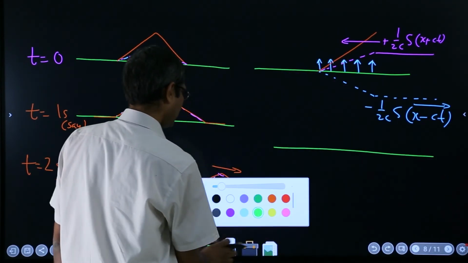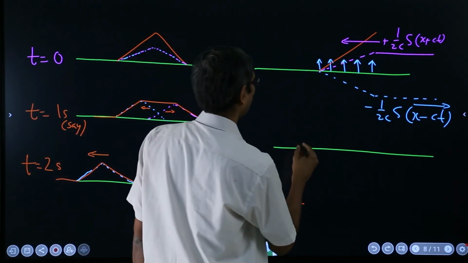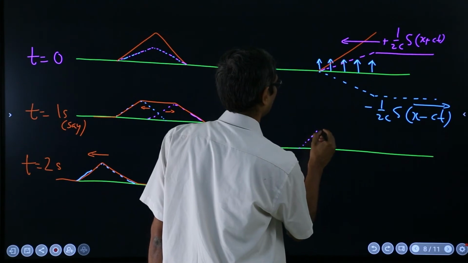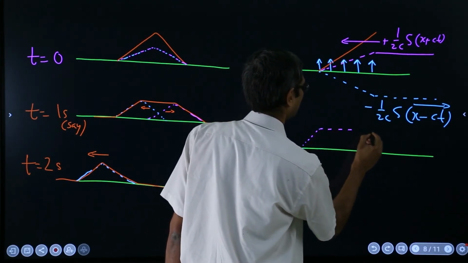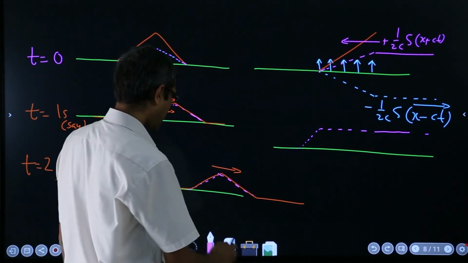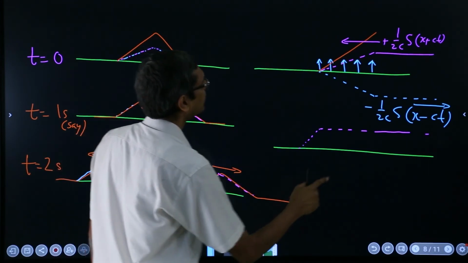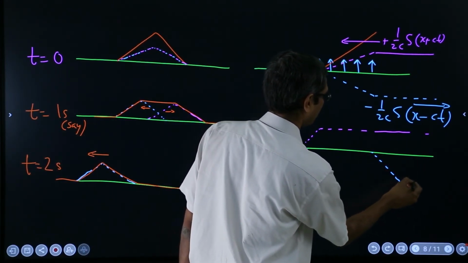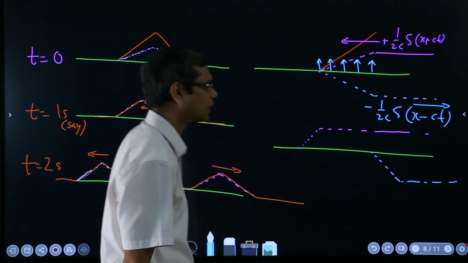After some time, you can have something like this, and the other part is like this.